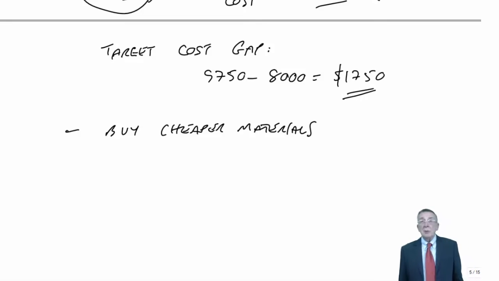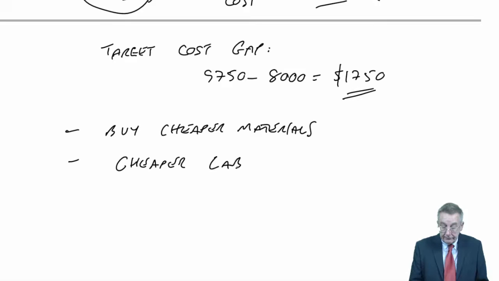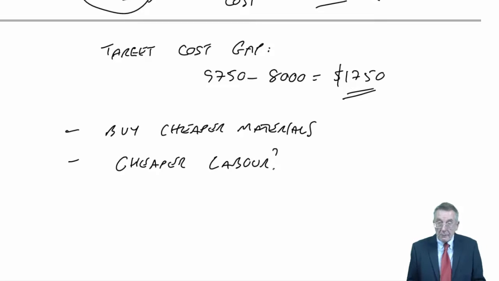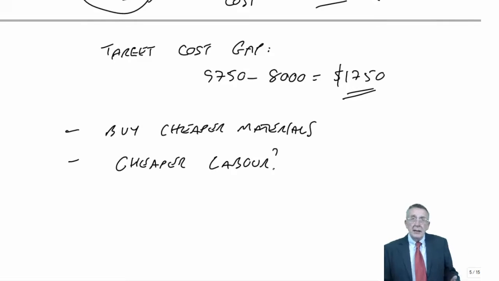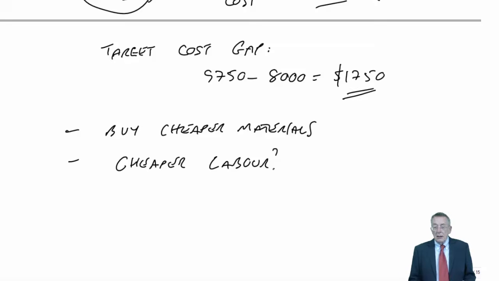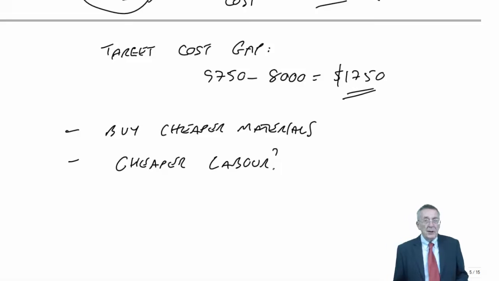But okay, we would look to see if we can get the materials more cheaply without reducing the quality. We'd look to see if we could get cheaper labour. But again, we've got to be careful. Obviously, with our costings, we want to cut all costs. We always want to cut costs, but we don't want to impact on the quality. We want customers to still be prepared to pay 10,000. That's the important thing.